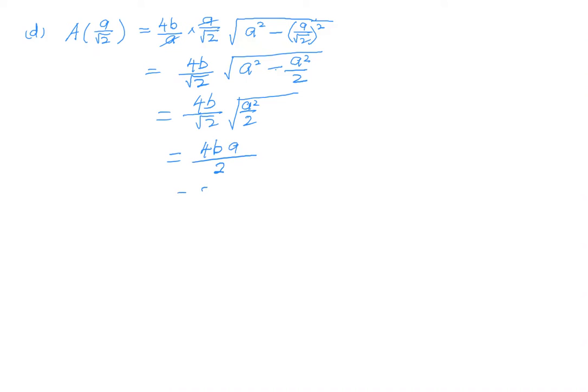So it will be 2ba, correct? You get me? So therefore, the percentage will be 2ba over pi ab times 100%. So you get the answer.